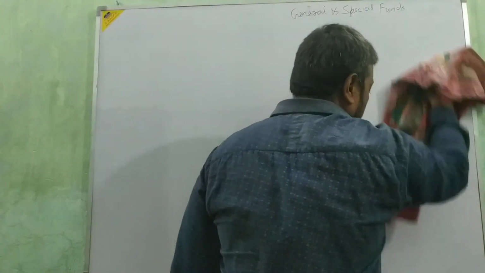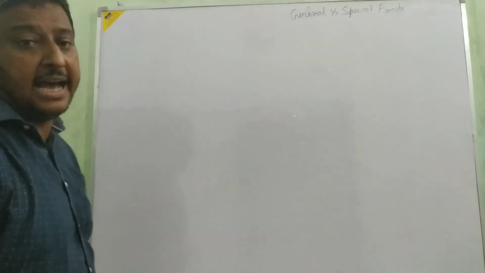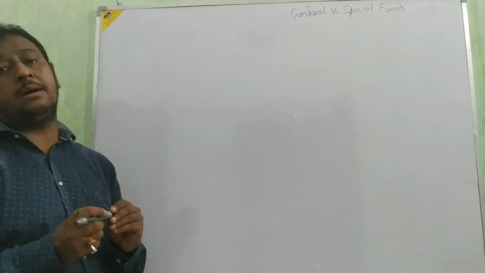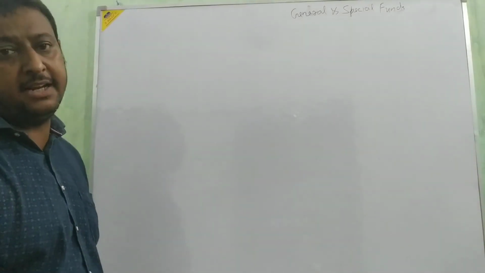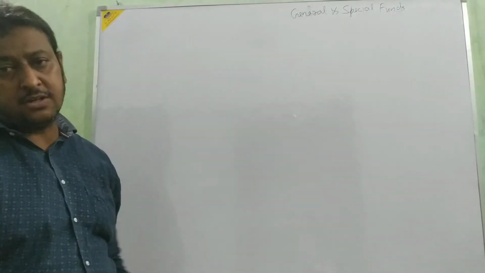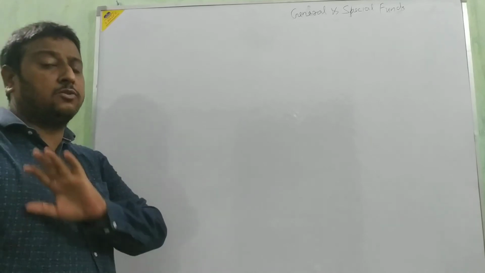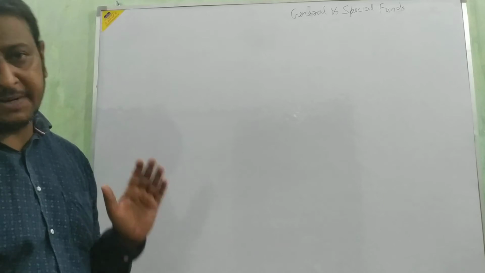Okay, like that, if sports fund is given and expense of sports fund or tournament fund is given, that expense we cut from the sports or tournament fund. That is not what we show in income and expenditure account.